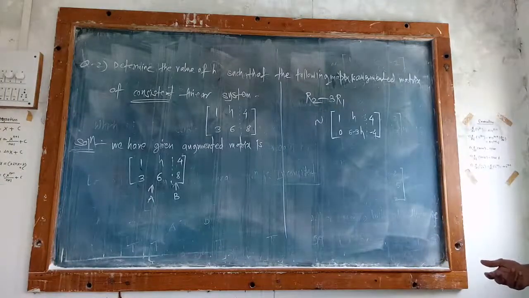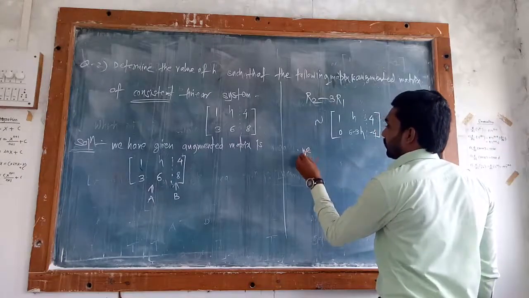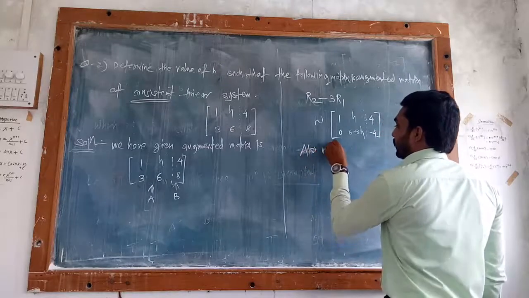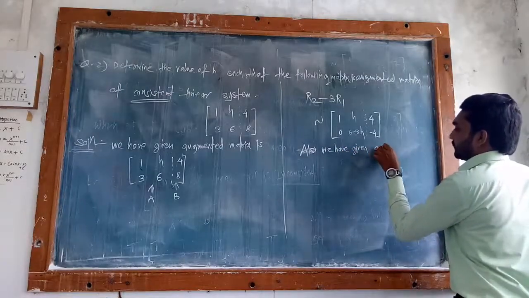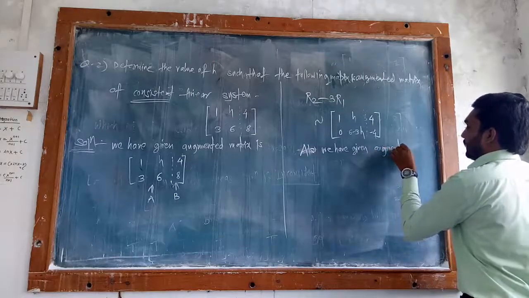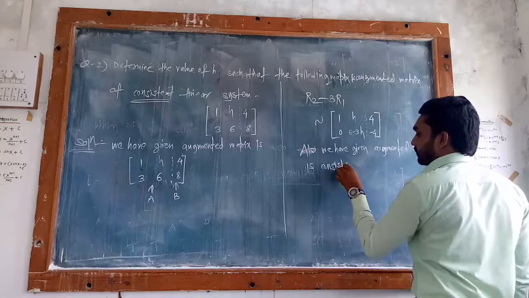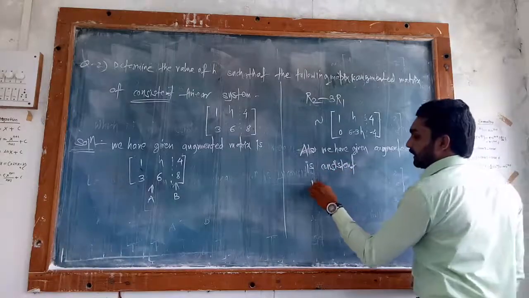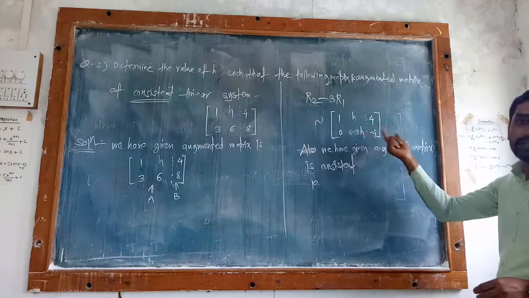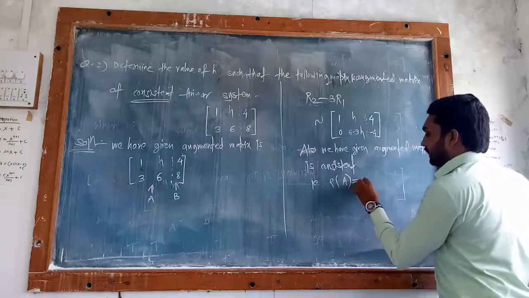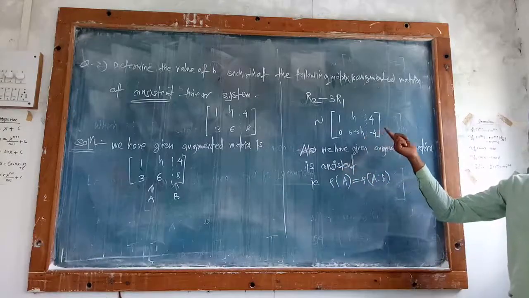That means the rank of A and the rank of the augmented matrix AB are equal. What do we mean by consistent? It means the given system has one or infinitely many solutions.